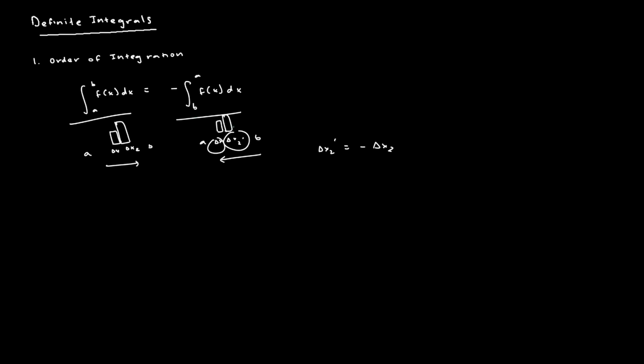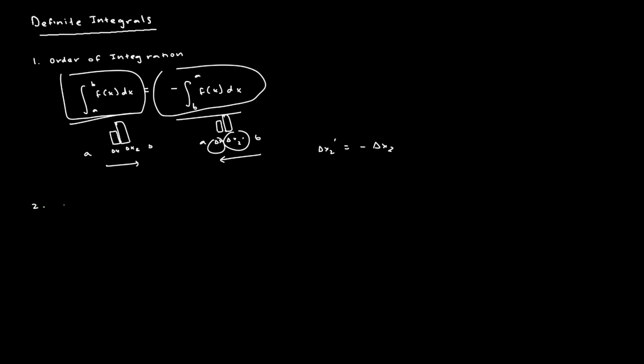Because of that, our overall definite integral, whatever value it evaluates to, is going to be the negative of the value it evaluated to when we went from a to b. So in general, whenever you switch the upper and lower limits, the value the integral evaluates to becomes negative. So that's the order of integration rule.